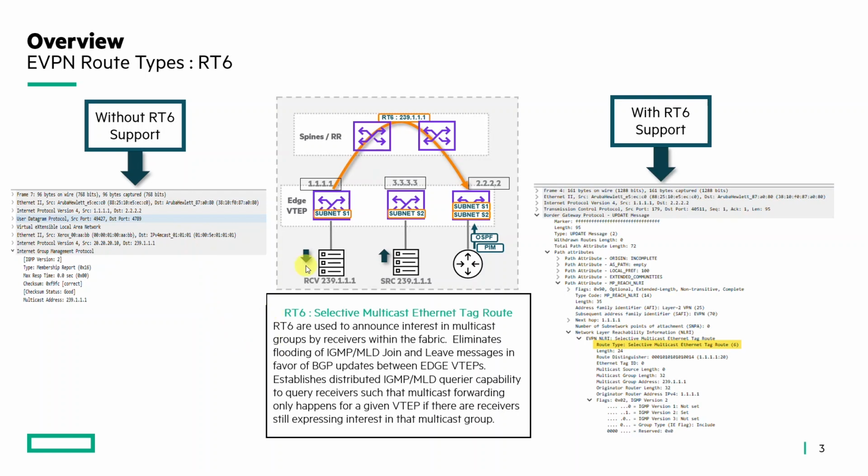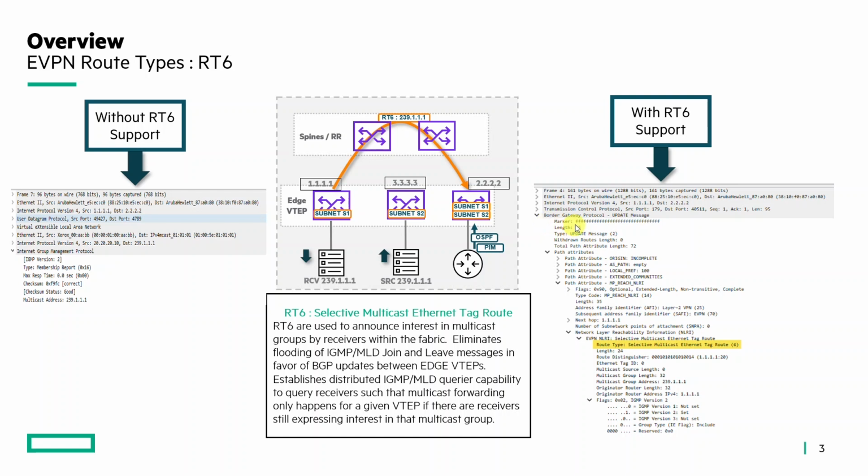And now you can see instead of it being flooded in the overlay, we have an example of a packet capture here where the membership report is expressed not with a flooded IGMP query as you see here, but actually as a BGP update message that's coming from the edge VTEP, expressing that client's interest in that multicast group. You can see here 239.1.1.1, and that this is part of the BGP message.